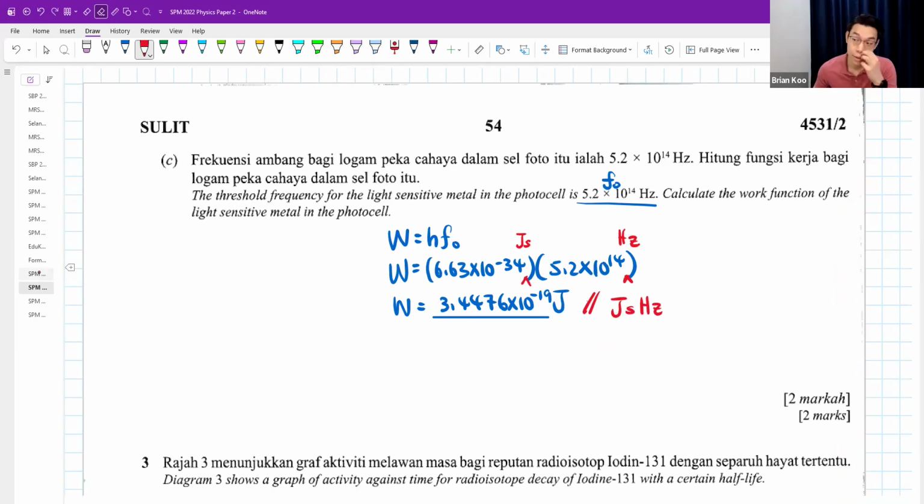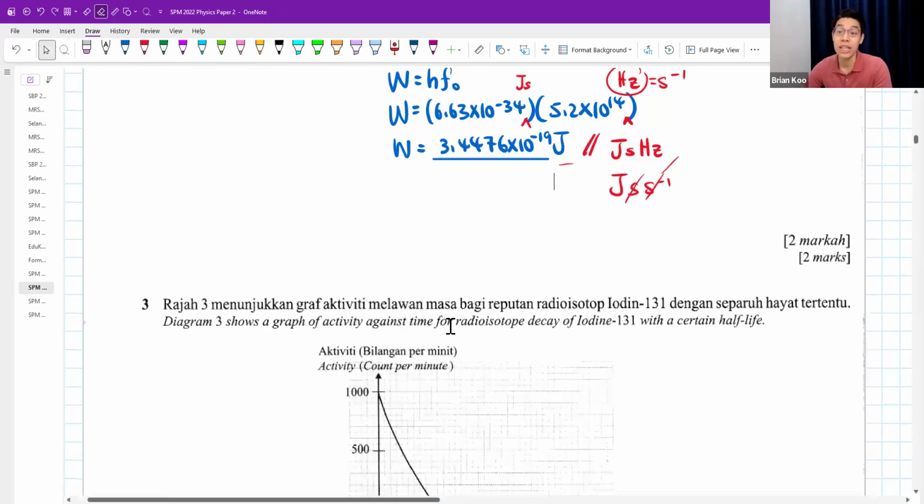Will they mark correct or not? Yes, they will still mark correct. In school exam, maybe they won't, but in SPM, they will, because it's not wrong. It's just that maybe some of you don't know that hertz is actually the same thing as per second. So what you're writing here is joule second and then per second. That's why they cancel out. That's why it is just joules. Yeah, work function is the energy.